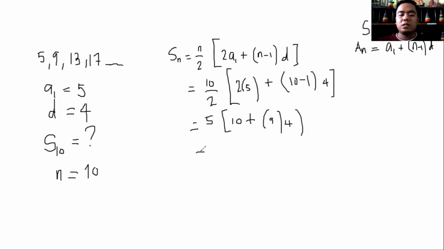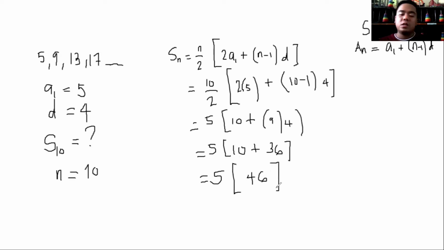So that is 5 quantity 10 plus 36. Okay. Next, simplify what is inside. So that is 5 times the quantity 10 plus 36, which is 46.